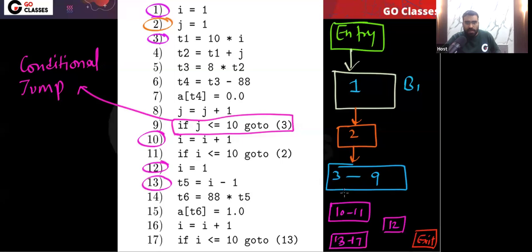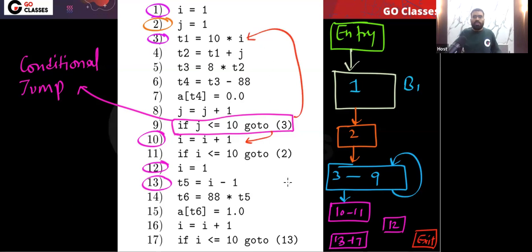One edge will come to the next instruction, means one edge will come here, and another edge will come to the basic block containing 3, means there will be a self loop kind of thing. Yes or no? Is this clear? See, one edge will come to the next instruction like this, and another will be like a self loop. Yes or no? So you got a self loop.